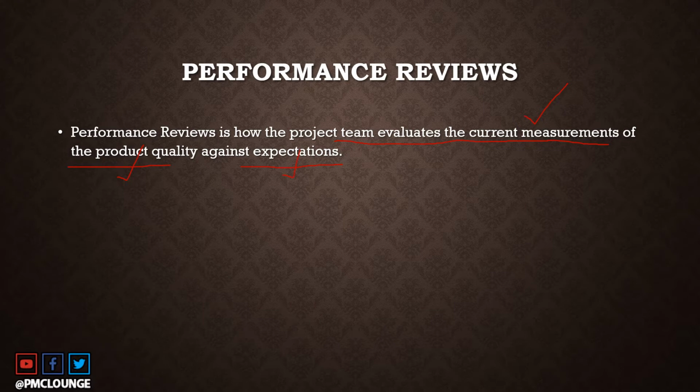So let's say the criteria here is the start time of the mobile phone. You want to measure how much time the phone is currently taking to start or to boot itself. So let's say the expectation here is that the boot time is going to be 5 seconds. The phone should start in 5 seconds.